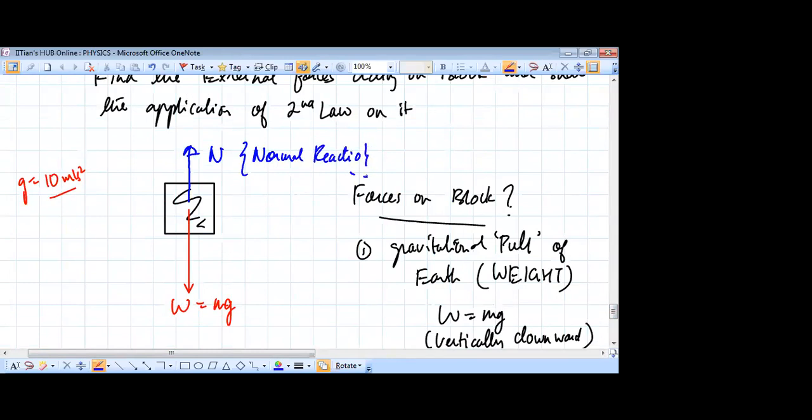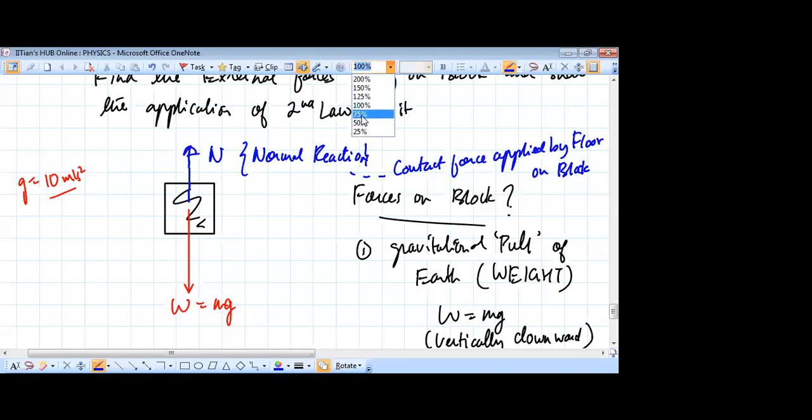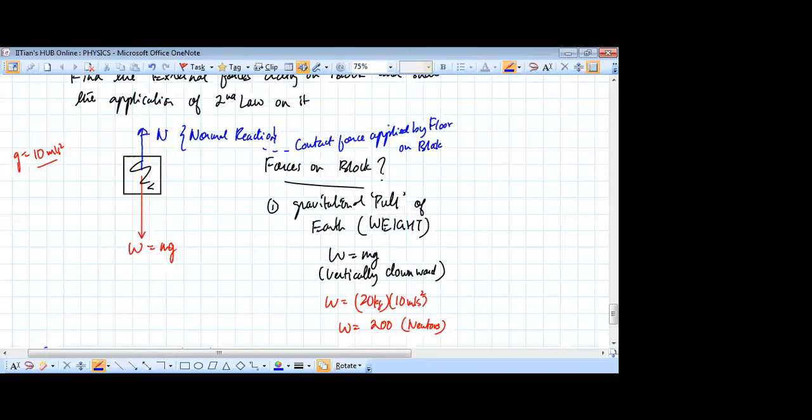So this is the contact force applied by the floor on the block. You understand? Now we have completed the first part. The forces acting on the block are only these two. There is no other force acting.